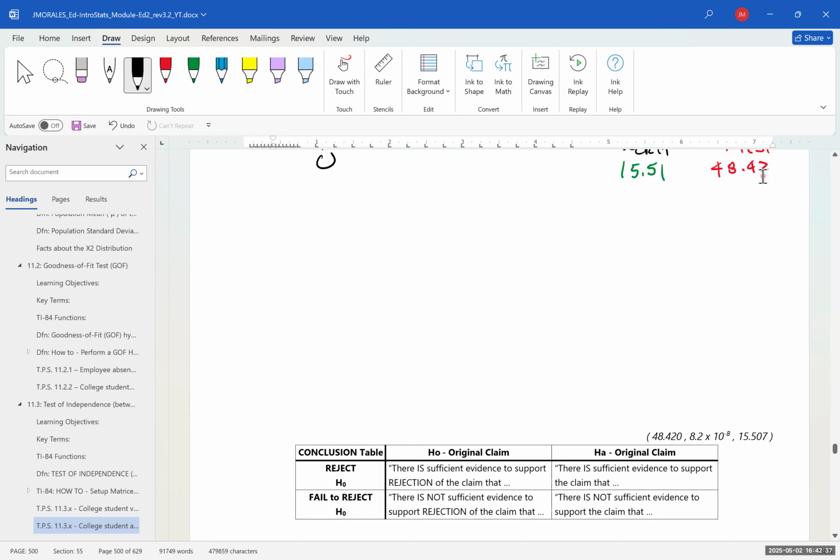Okay, so step 5. Results and conclusion. So in the end, we determined we're going to reject the null, and the null was our original claim.